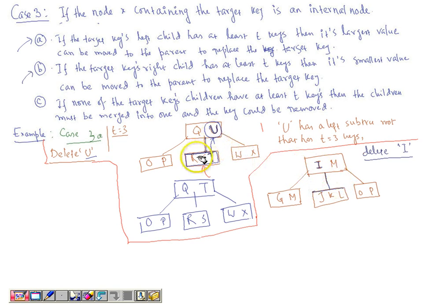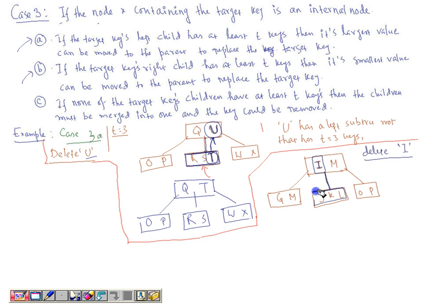In the earlier case it was a left subtree root, so we moved the rightmost key, that's the maximum one, to the parent to replace the target key. Here the target key is I, we need to delete this one, and we have a right subtree root with T keys.